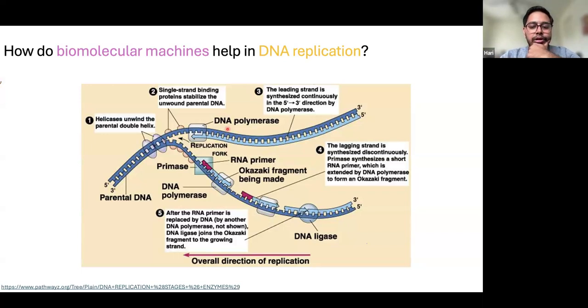And to answer your second question, the synthesis of the strand cannot happen from 3' to 5' direction, because the energy required for that will be much higher than what it requires for the synthesis from 5' to 3'.